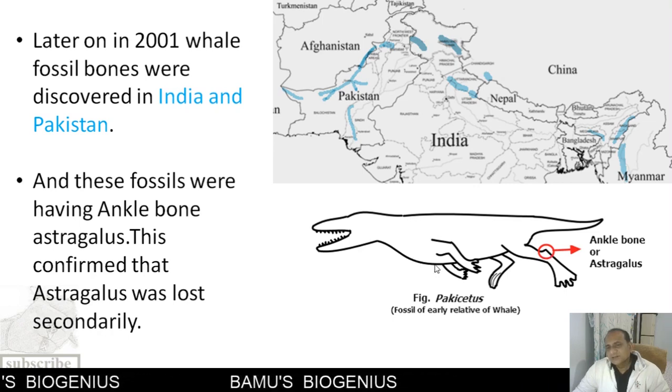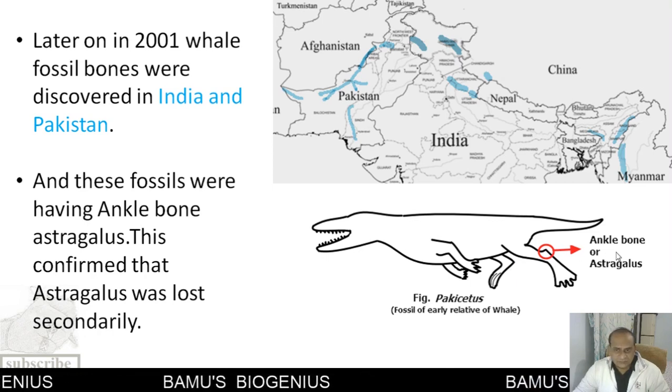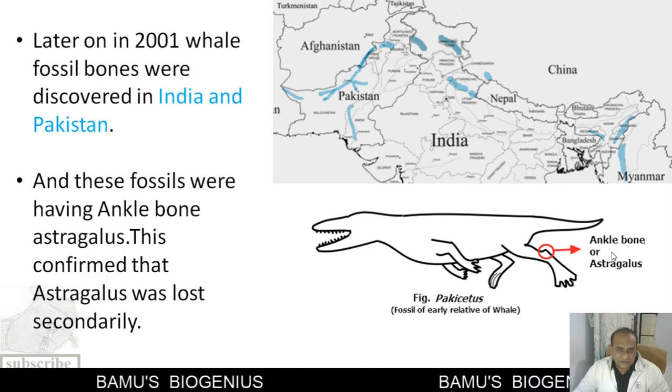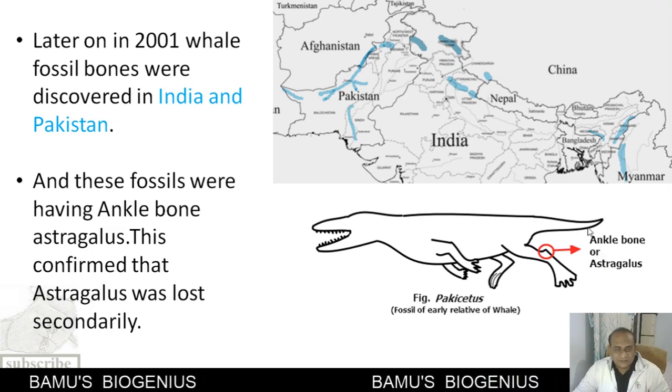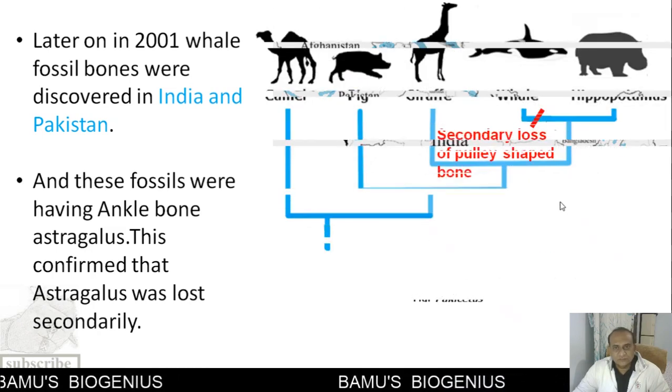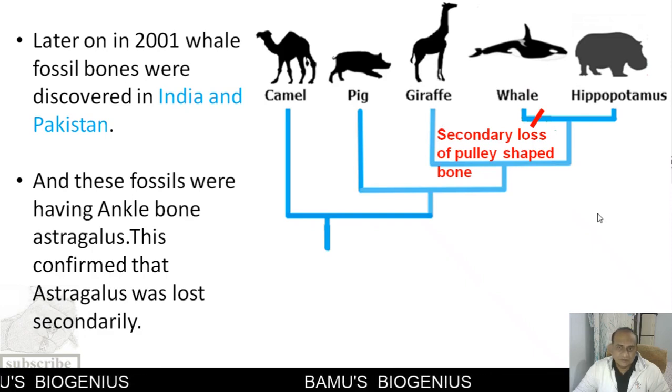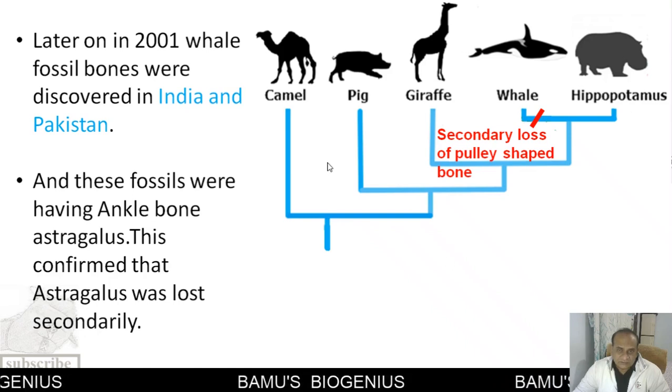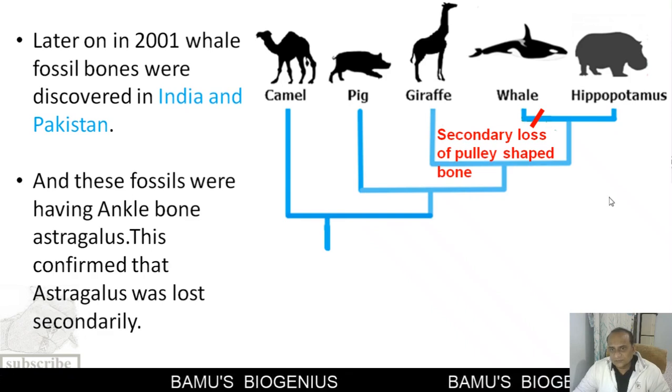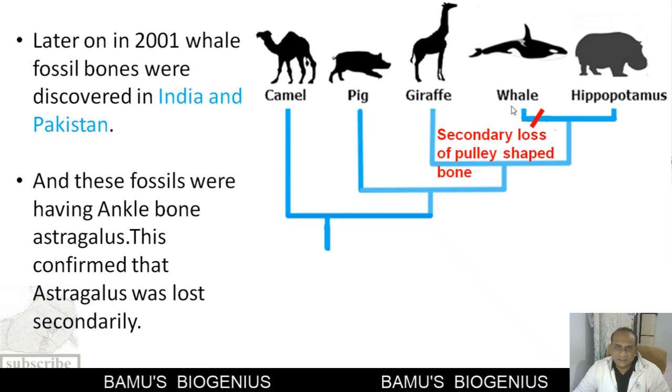That means the whale's ancestors had this ankle bone, which suggests the common ancestry of all the land vertebrates. And again, it revised the cladogram into such a type. Although all these animals, the Artiodactyla group or even-toed animals, have this pulley-shaped bone, it was lost secondarily in the case of whales.